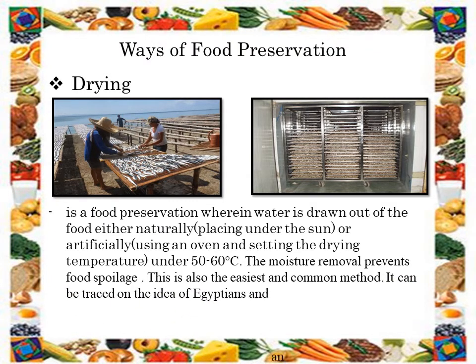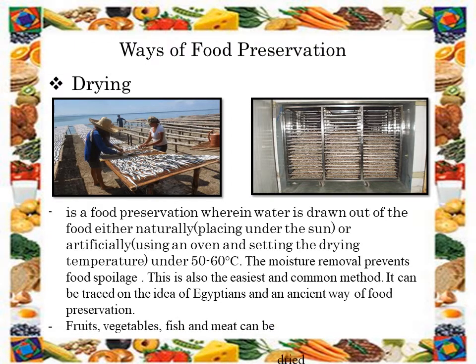The moisture removal prevents food spoilage. This is also the easiest and most common method. It can be traced to the Egyptians as an ancient way of food preservation. Fruits, vegetables, fish, and meat can be dried.